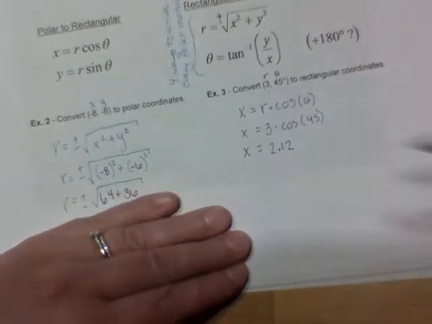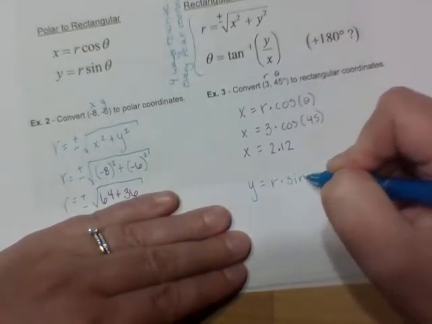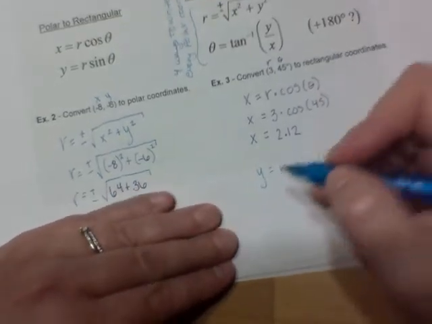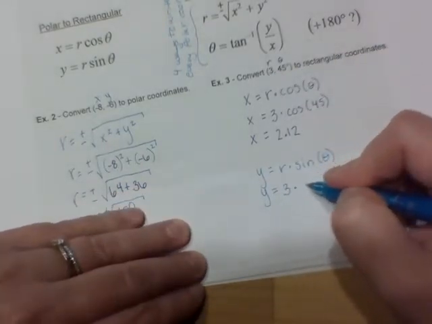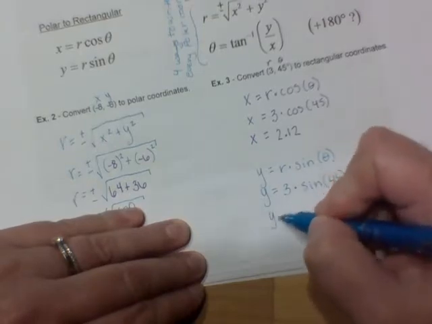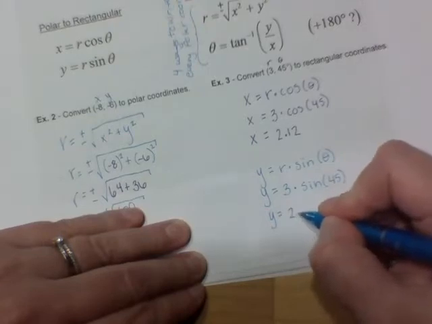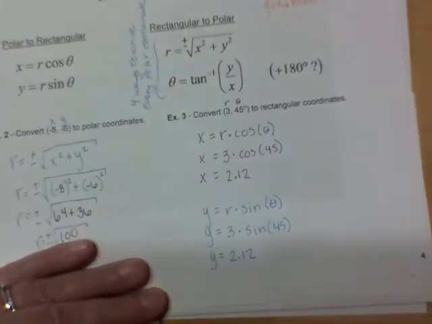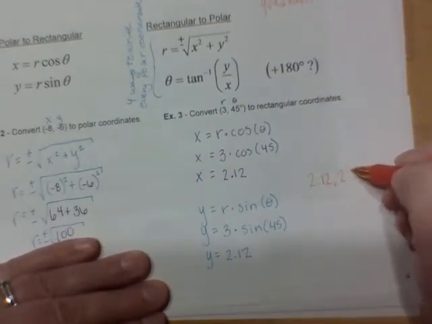The y value comes from r times the sine of theta. Hopefully that brings you back to the unit circle. And r is 3, and theta is 45. And that actually gets you, because sine and cosine at 45 are the same, 2.12 as well. So the rectangular coordinate for this is 2.12, comma 2.12.